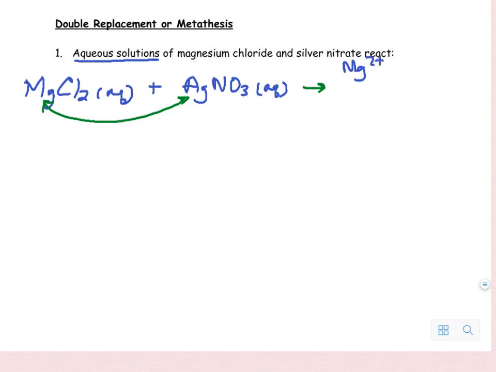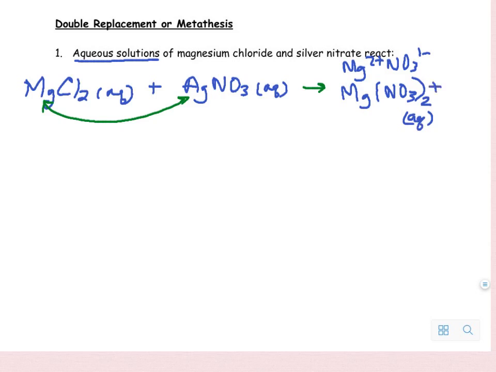Magnesium's a 2+, and the nitrate is a 1-. So you need to have Mg in a bracket and NO3 taken twice. The state you need to know, and all nitrates are always going to be soluble in a water environment.